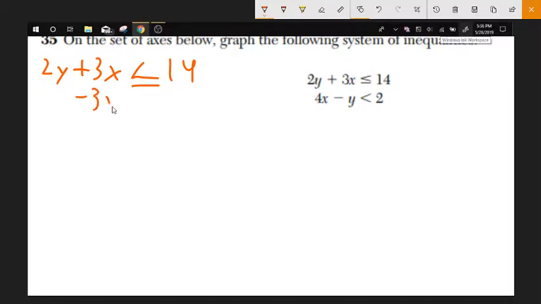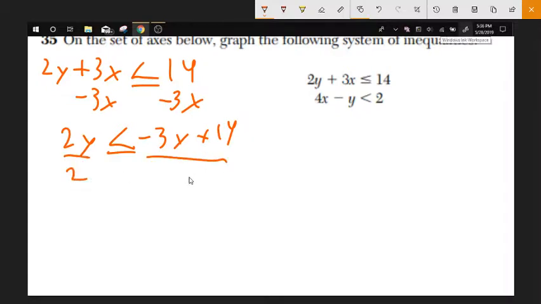So subtract 3x from both sides, and that's 2y is less than or equal to negative 3x plus 14, and then let's divide 2 from each side. And now we have y is, nope, not equal, less than or equal to negative 3 out of 2 x plus 7. Alright, and that's going to be on the next slide, so we don't have to worry about that not saving.